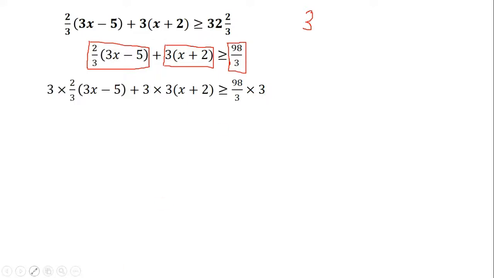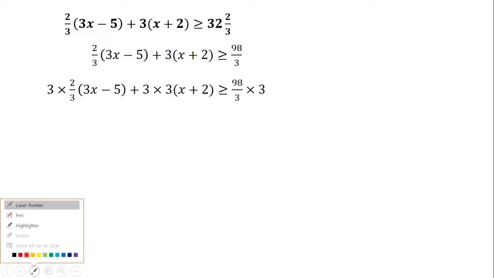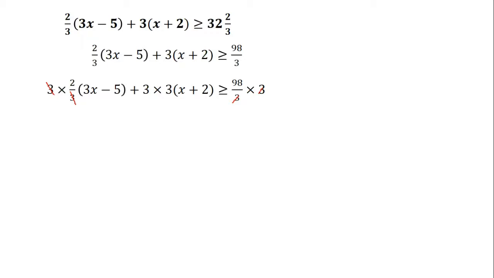So from here, you cancel out. You can see that 3 will cancel 3, then this 3 will also cancel this 3, which will give us 1, so 1 times 2, which is 2, into bracket 3x minus 5, plus 3 times 3 is 9, so 9 into bracket x plus 2, then 3 will cancel itself here, so we are going to have 98.